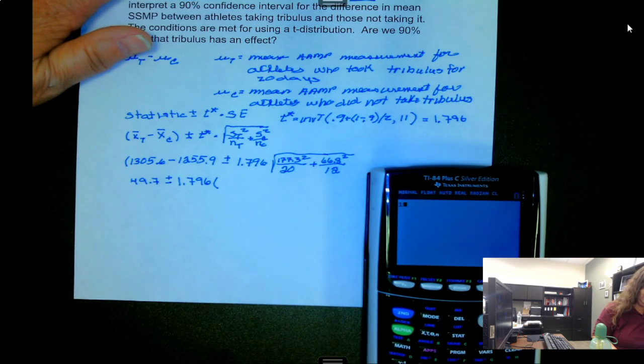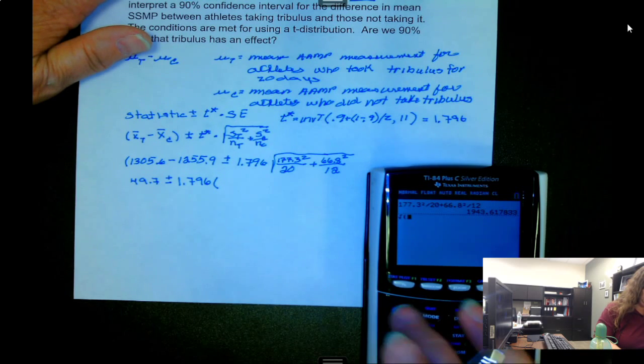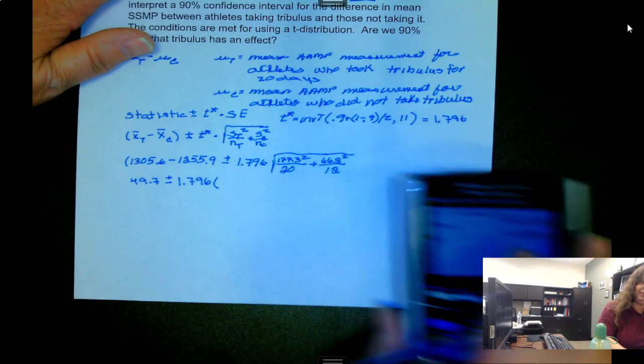So we have 177.3 squared divided by 20 plus 66.8 squared divided by 12. Then we need the square root of that number, which gives us 44.086.